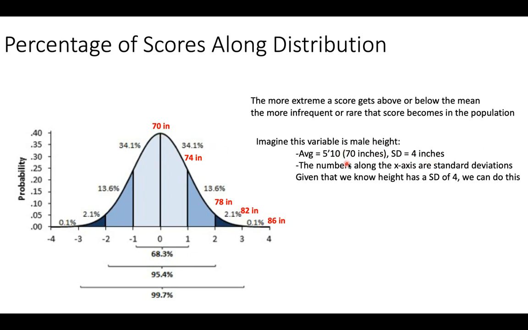Now, where do we get these numbers? Where do we get the average and the standard deviation? We get that from large population level data sets, right? So this is data coming from probably the Department of Health or something like that, or maybe the NIH, the National Institute of Health, who have giant data sets from millions and millions of men who go to the doctor and they get their height measured.